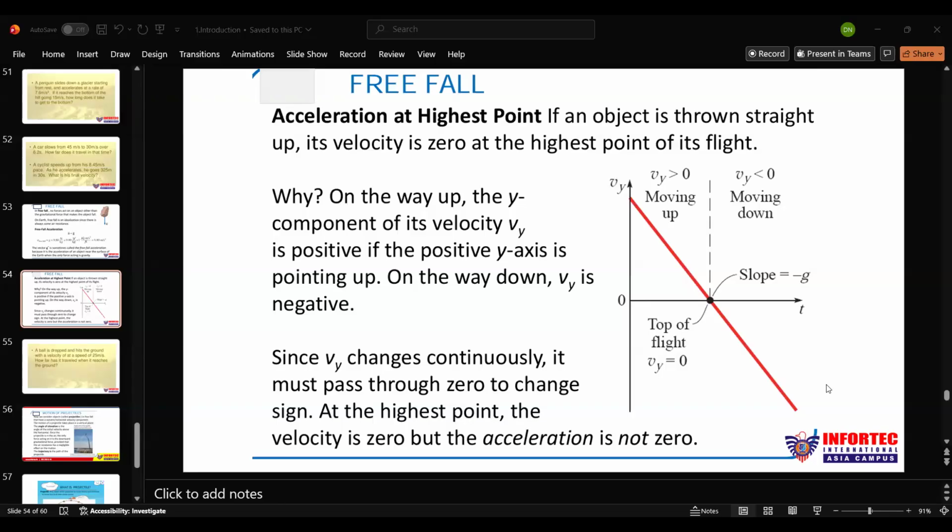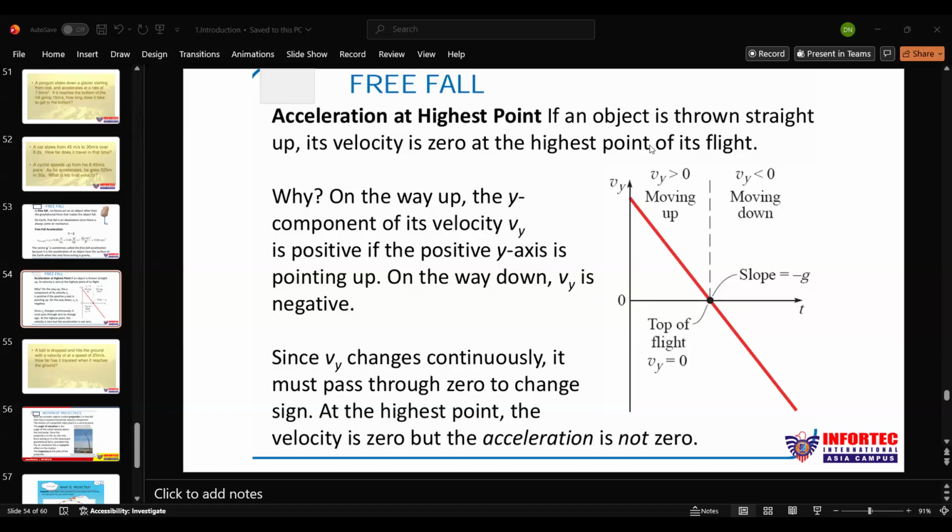Now this one represents the object thrown upward, the velocity versus time graph for an object thrown upward. We take the moving up part, you can see here.